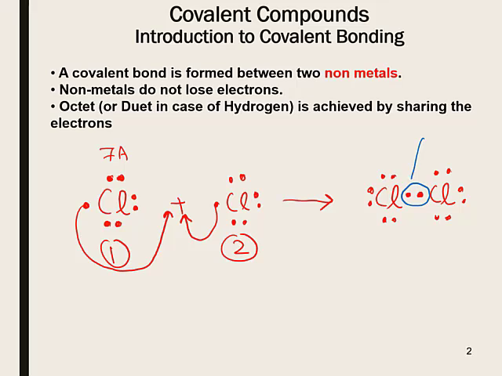These two electrons are called a shared pair of electrons. Now the shared pair is the covalent bond.